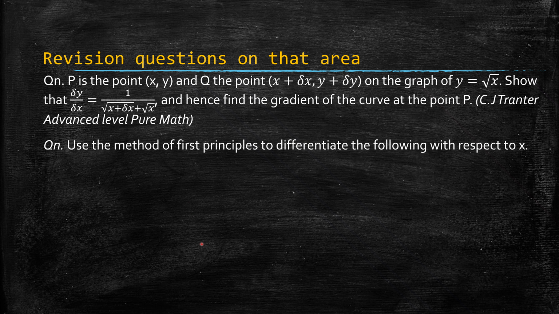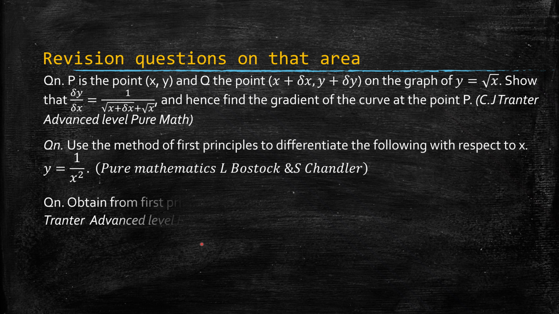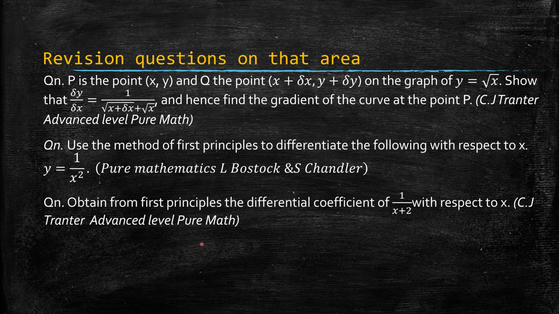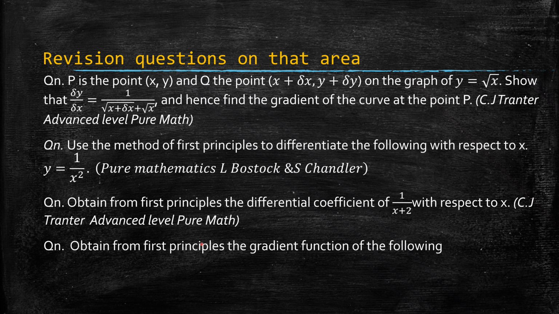I've also given you another question which comes from Pure Math, L. Boston and Sadler. Then our next question has come again from CJ Tranta, Advanced A-level Mathematics. And now I have another question which I have set on my own. I would like you to go through these questions.